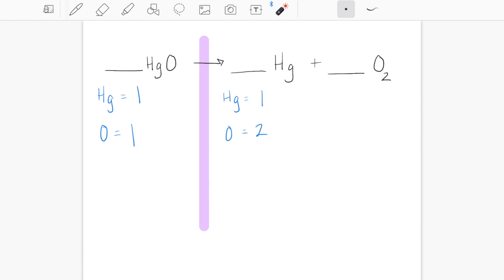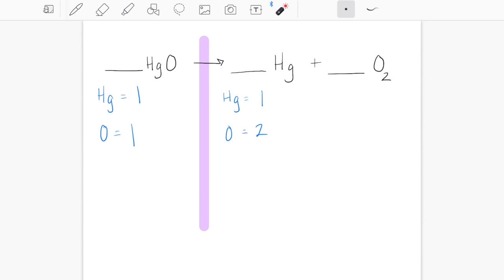The only thing I can change, I can't just add a subscript to my oxygen, because that'll make it a completely different compound. But what I can do is have more of this whole compound on the reactant side in order to help balance out the product side.